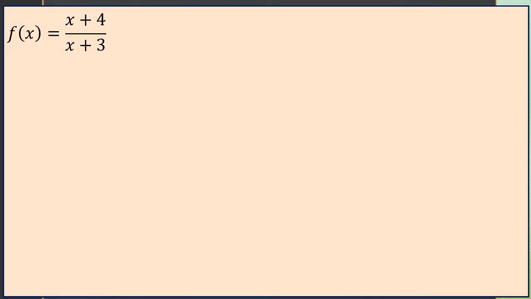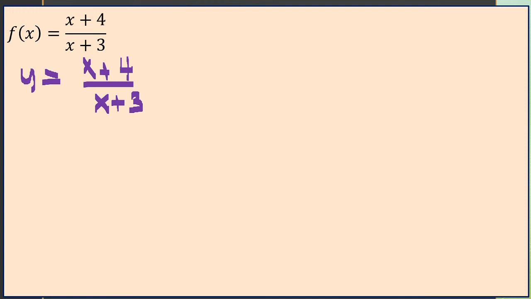So how about meron tayong rational function? How are we going to find the inverse of this rational function? Ang unang gagawin natin is to change f of x into y. So we have y is equal to x plus 4 all over x plus 3.